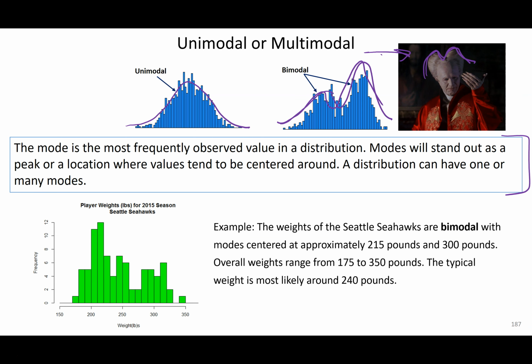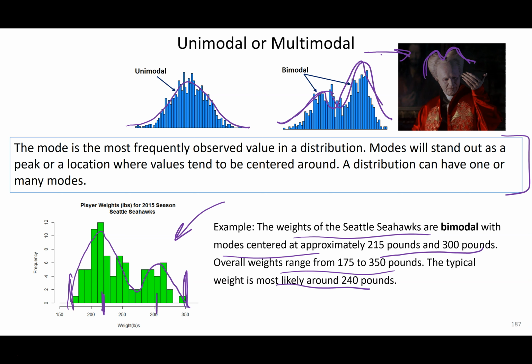So, for example, we have the player weights in pounds for the 2015 football season for the Seattle Seahawks. If you look at these weights, you could probably argue they're fairly bimodal with modes centered at, well, one is around 215, the other is around 300. The overall weights range from 175 to 350.